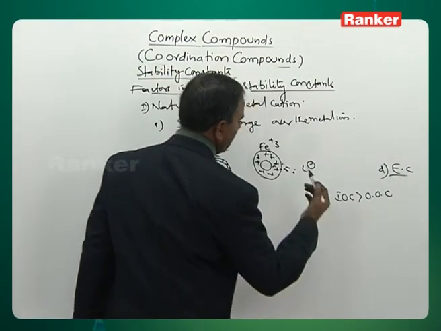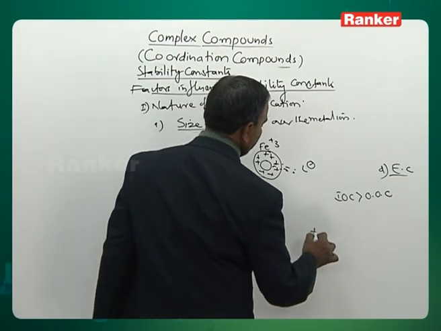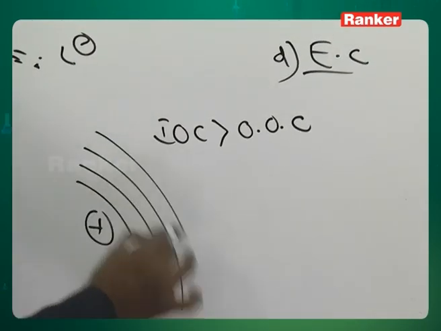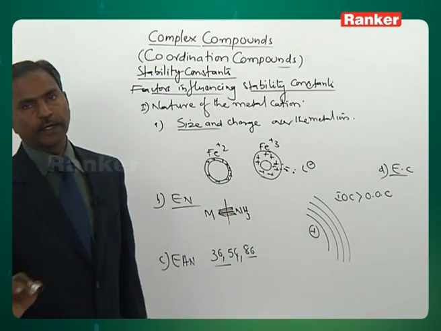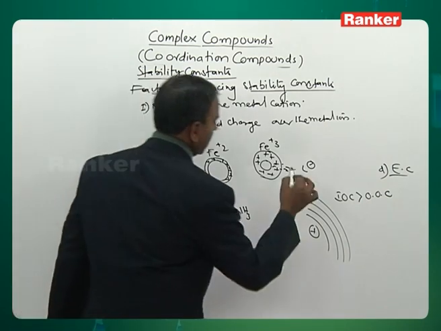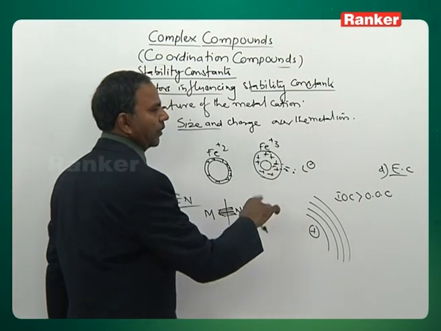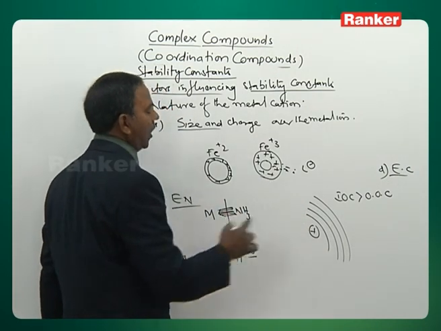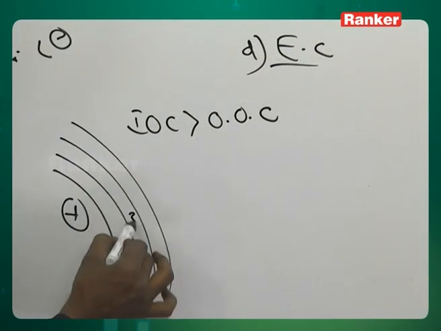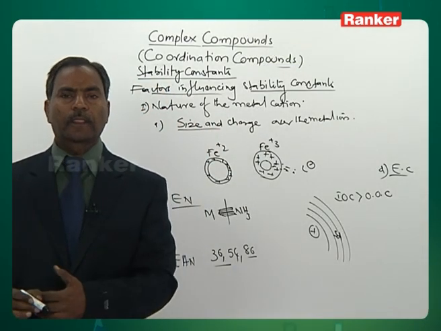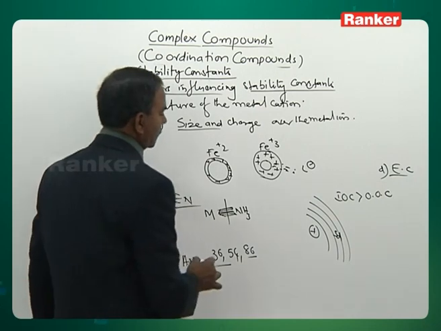Consider the 3d series, with 4 shells written. In an inner orbital complex, the 3d orbital is involved.